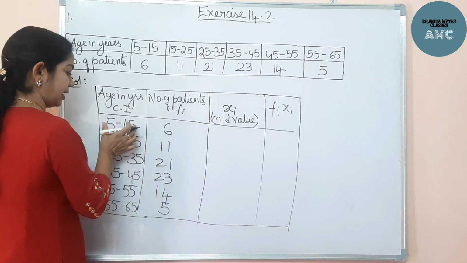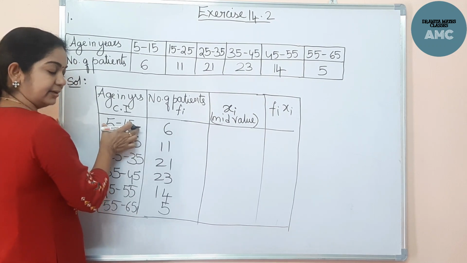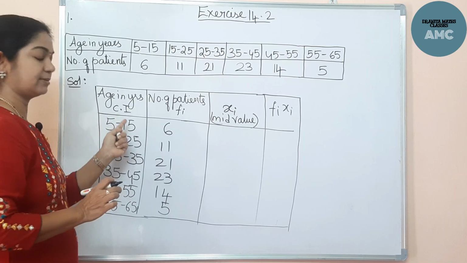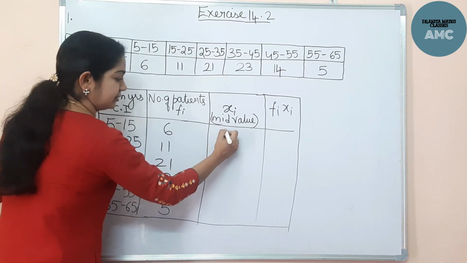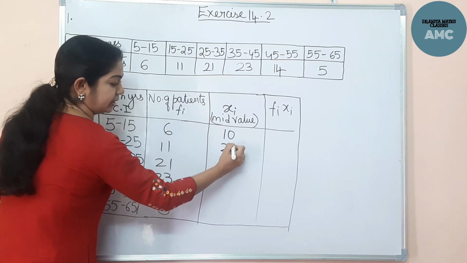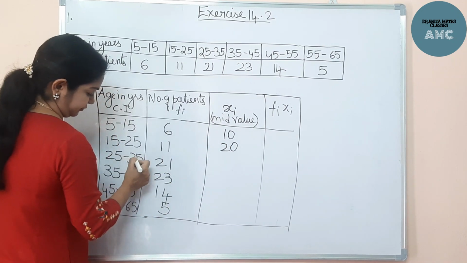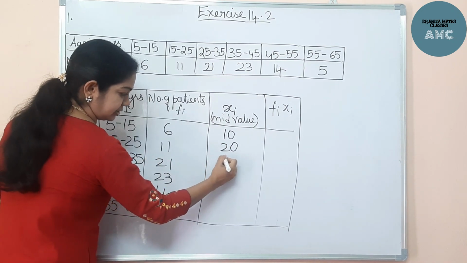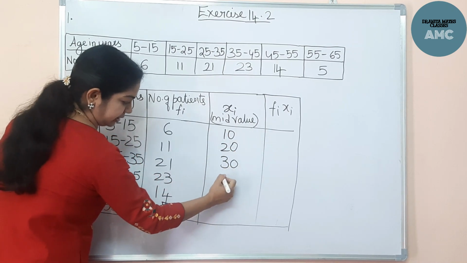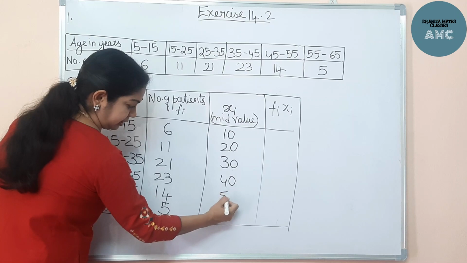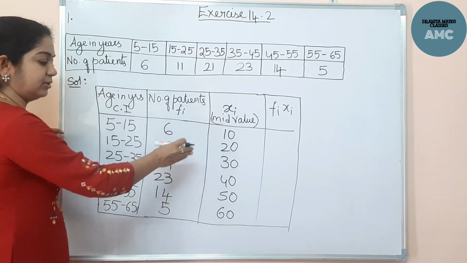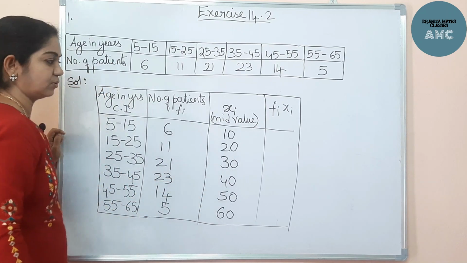Mid values are obtained when you add the limits and divide by 2. 5 plus 15 is 20, by 2 it is 10. 15 plus 25 is 40, by 2 is 20. 25 plus 35 is 60, by 2 is 30. So, the difference here is 10. So, keep on writing: 10, 20, 30, 40, 50 and 60. If you find one or two, you can automatically write the others also.